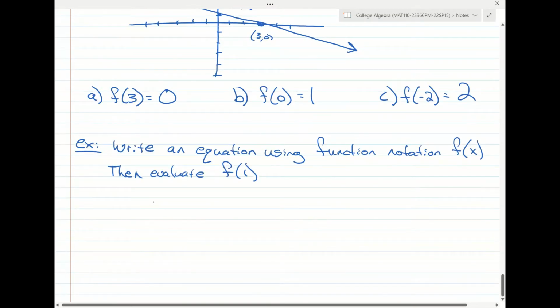The equation is x squared minus 4y is equal to 3.